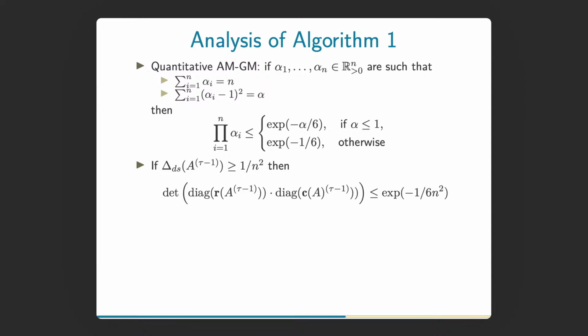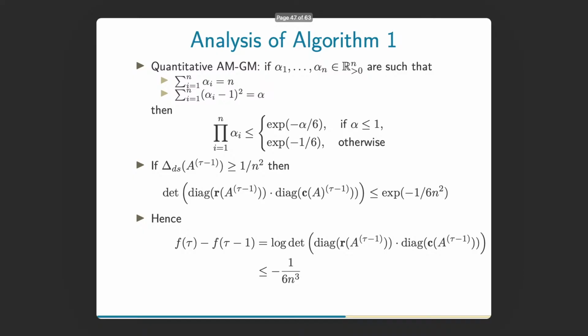So if the distance to doubly stochastic is large, my next scaling decreases the norm by this multiplicative factor, which means the difference between my iterations is, again, the log of this quantity, which is minus 1 over 6n cubed.